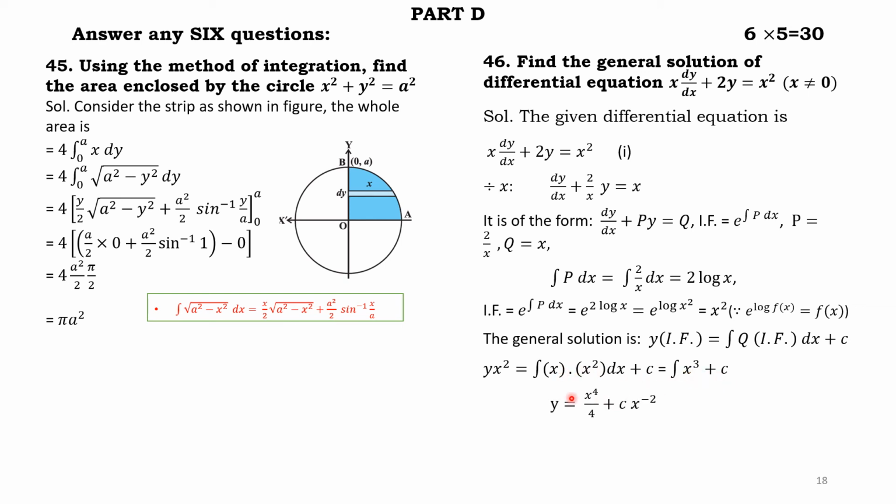Therefore, dividing by x square, we get y is equal to x to the power of 4 by 4 plus c into x to the power of minus 2, which is the general solution.